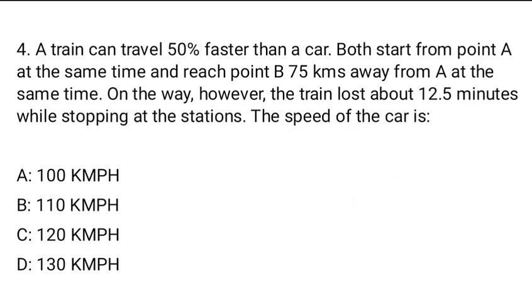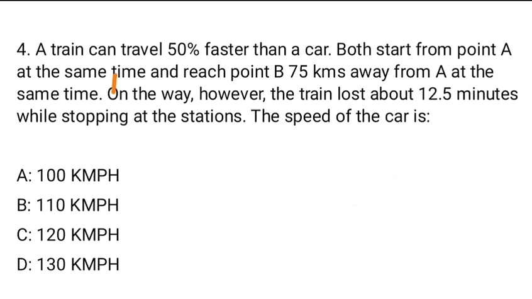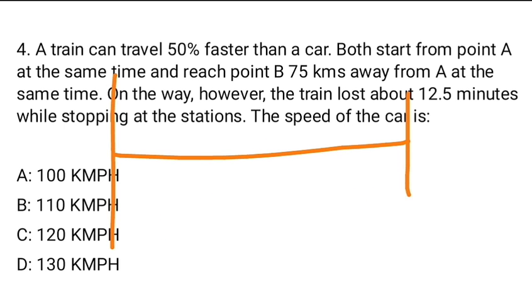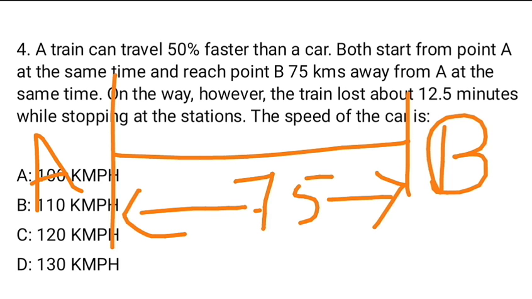So speed of the train will be 1.5x. So if speed of the car is x, then speed of the train will be 1.5x, and they both start at point A at the same time and reach the point B at the same time, and distance between these two points is 75 kilometers. Okay.